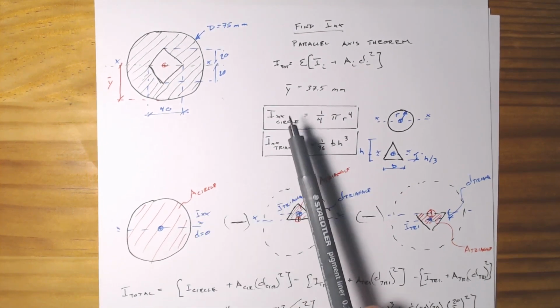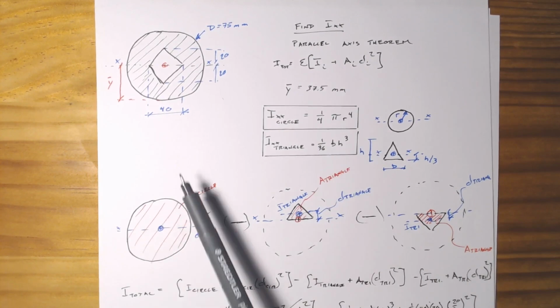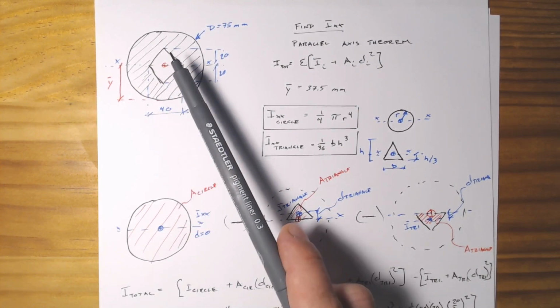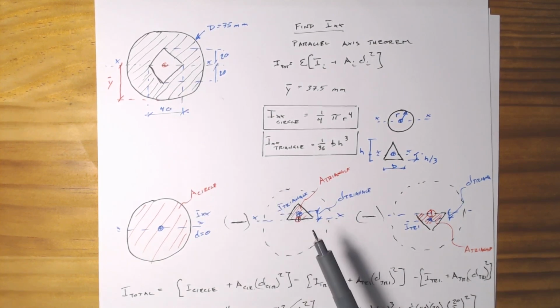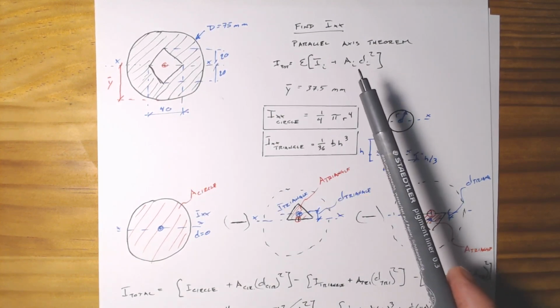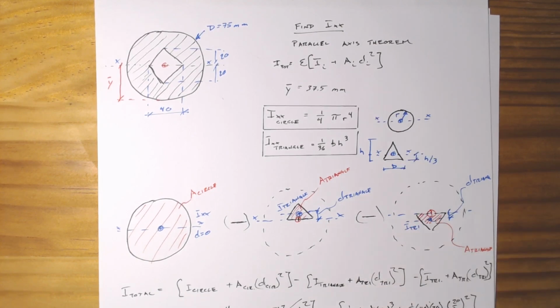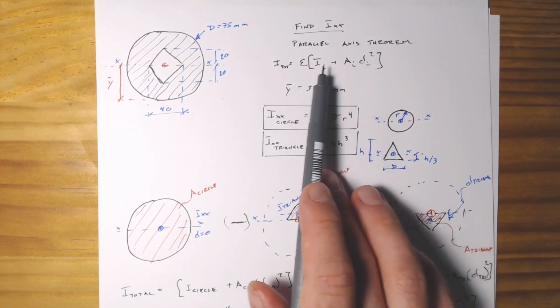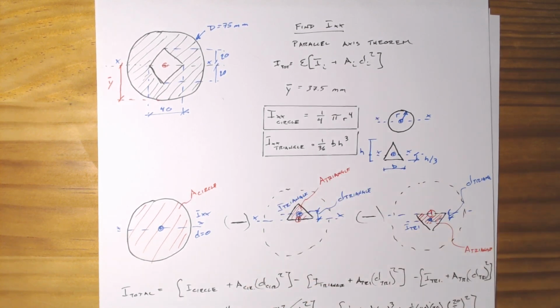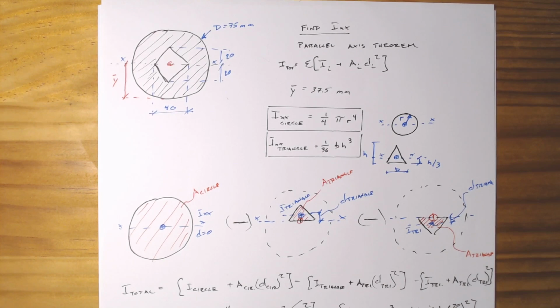And then we just work out, for each component of the circle, the top bit of the void and the bottom bit of the void, what our moment of inertia, its area, and the distance between its centroid and the centroid of the main section is. And then after that, it's just a simple matter of plugging and chugging with the arithmetic. So really the only challenging part is working out moments of inertia, areas, and these distances squared. But if you approach it in this sort of algorithmic fashion, where you just work out piece by piece, it's really hard to go wrong there.